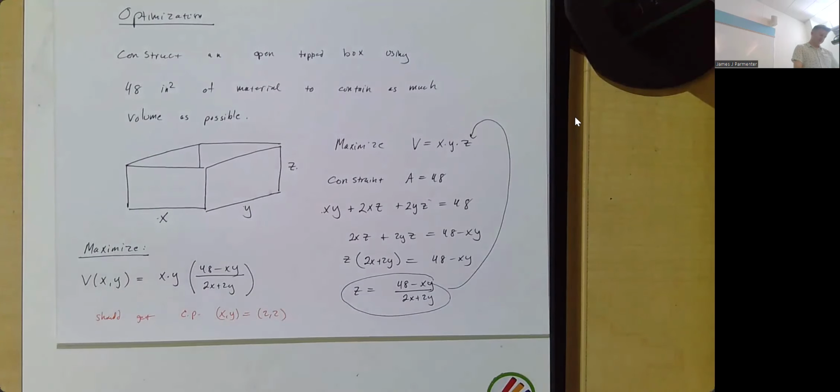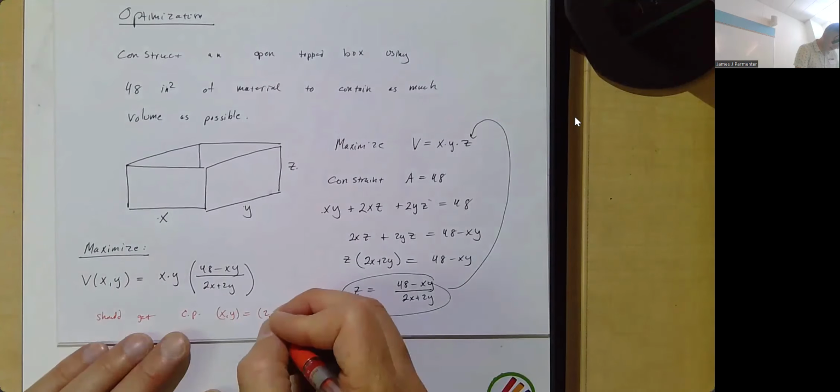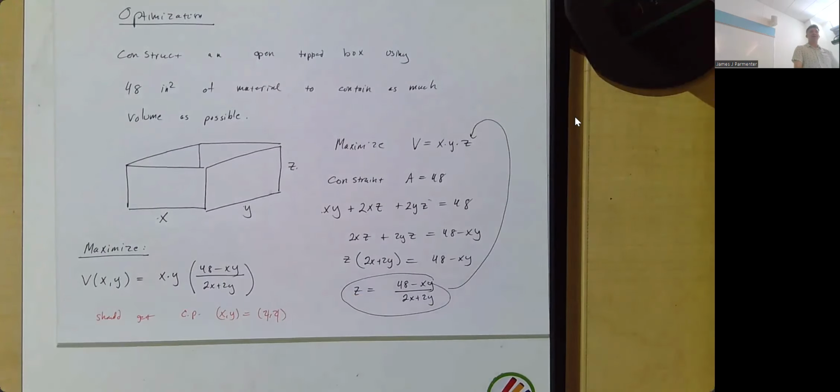No, sorry, 4, 4. Yeah, there we go. X and Y are 4, 4. And then Z should end up being 32 over 16, which is 2. So you should get X and Y both being 4 and Z equal to 2. It is worth your while, I think, to actually finish this problem. I certainly plan on doing it on Tuesday, but that's 5 days away. So those are 4s, not 2s.